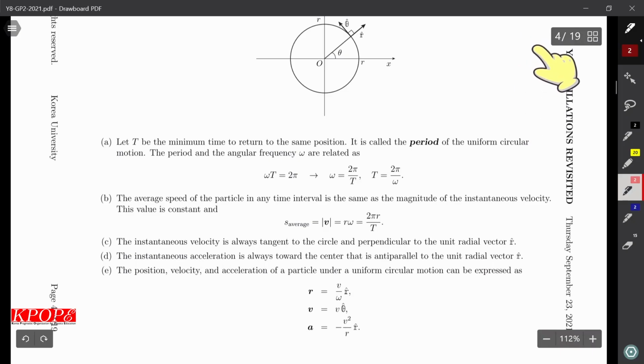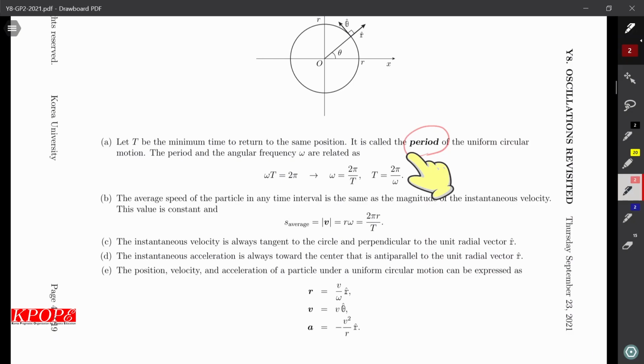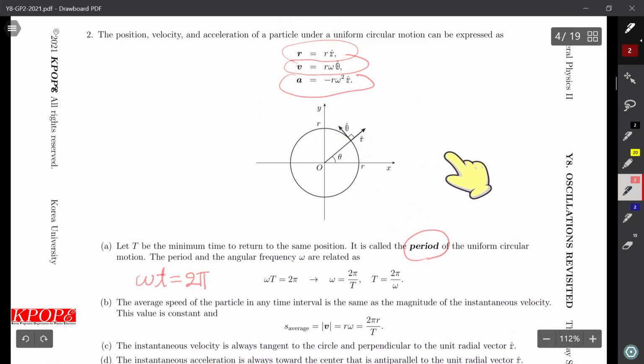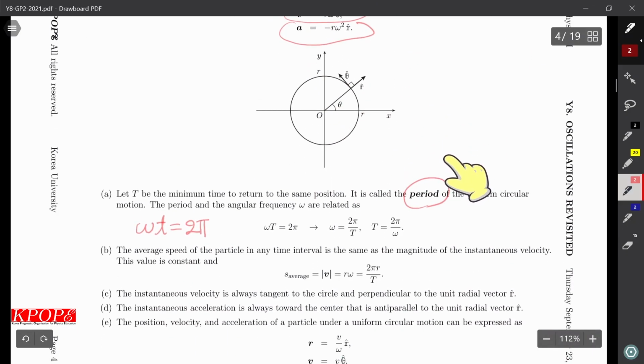You also need to understand period. Omega is a constant. When omega t reaches the period of an angle, there's a phase, then we say this one is a period.